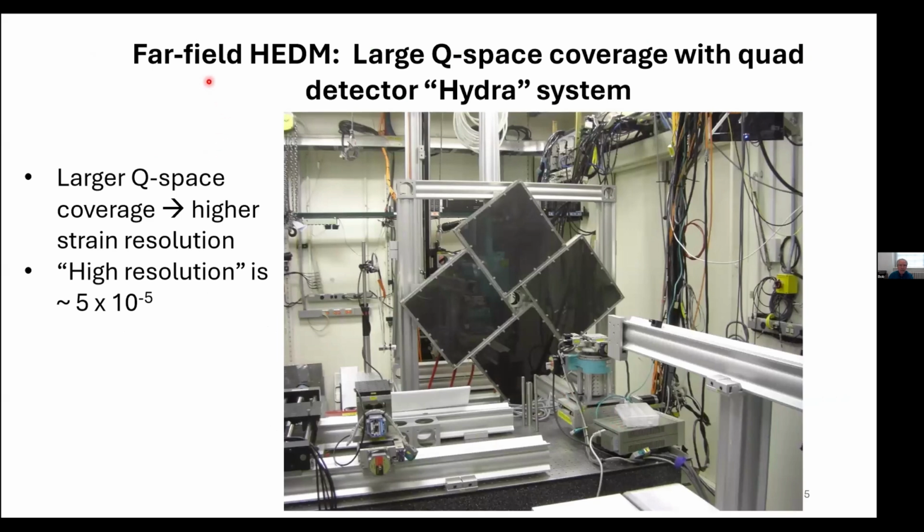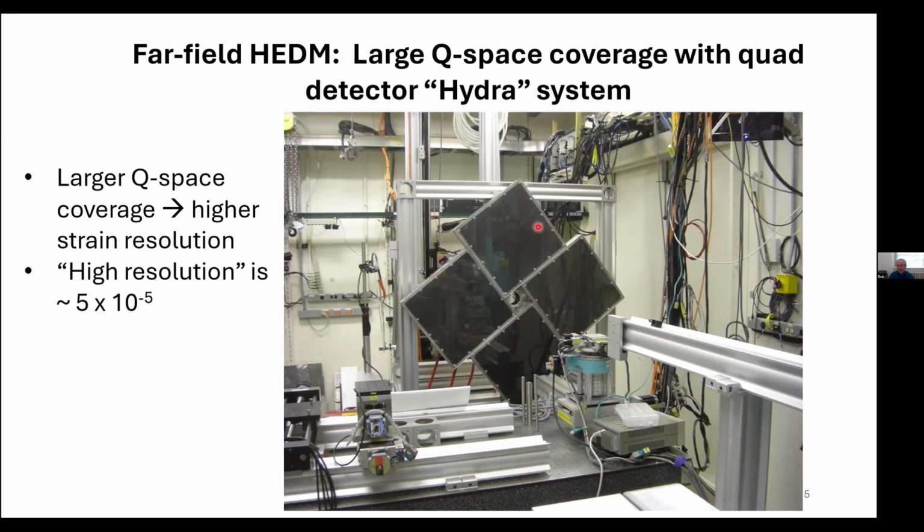For the far field, as the name implies, the detectors shown here are placed of the order of a meter downstream of the sample. These capture multiple diffraction peaks, multiple HKLs in parallel.